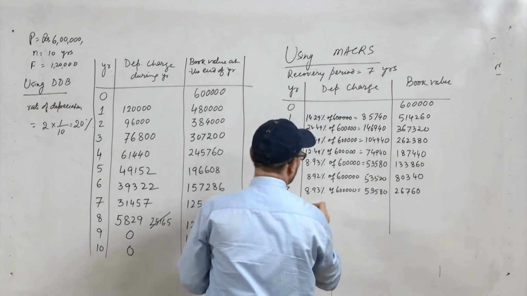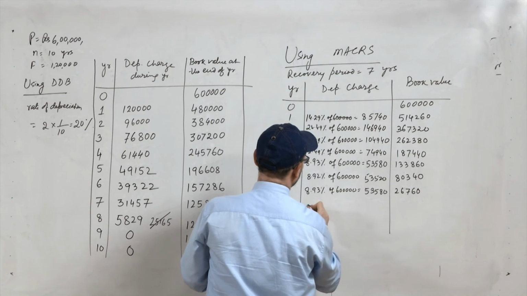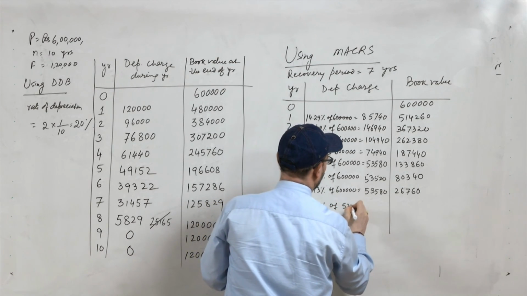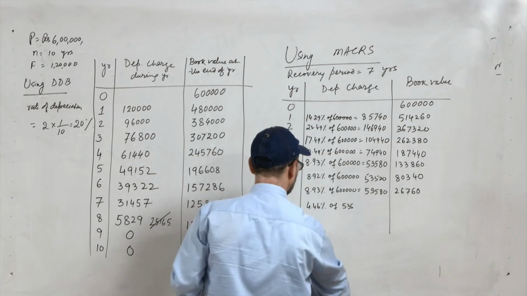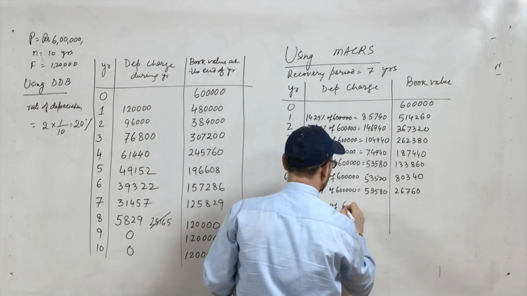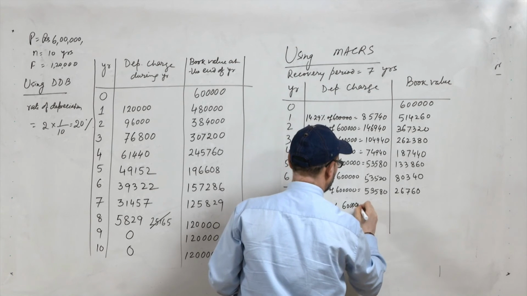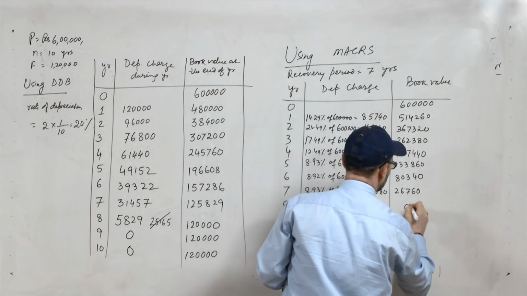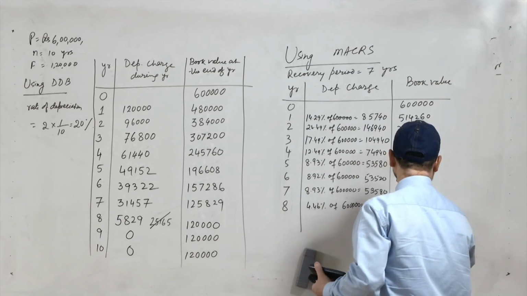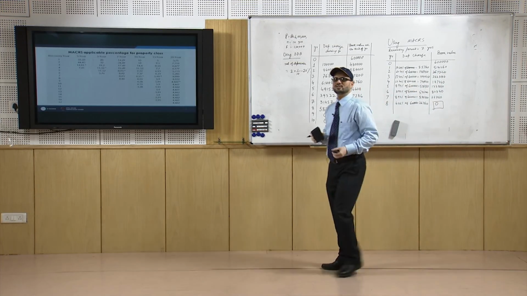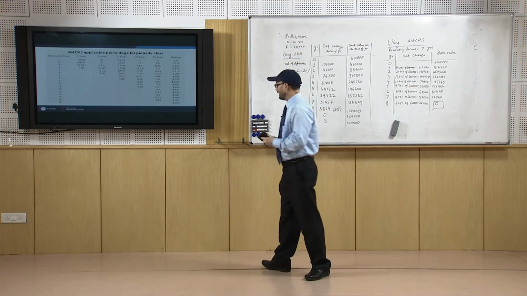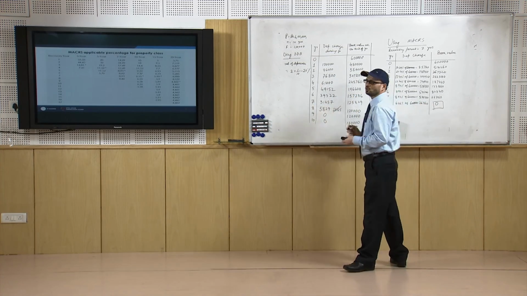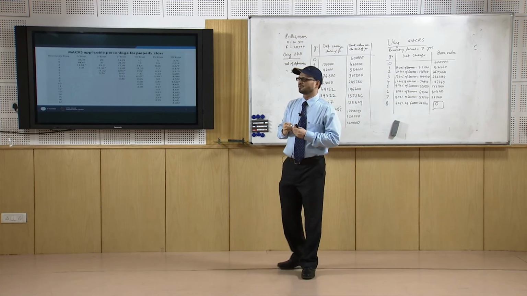So, this is 4.46% of 6 lakh. This is 26,760. So, it will be 0. So, in MACRS, as you see, the whole cost is recovered and you get the final salvage value as 0. So, this is how the MACRS system works.